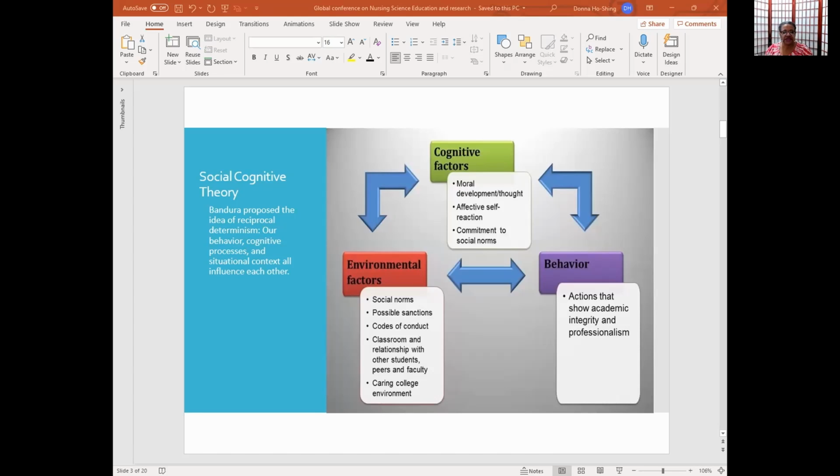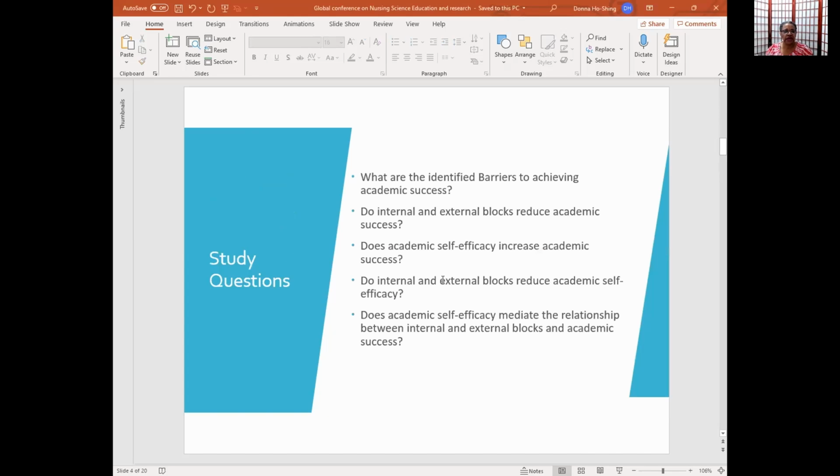With this study, I looked at some of these questions. What are the identified barriers to achieving academic success?